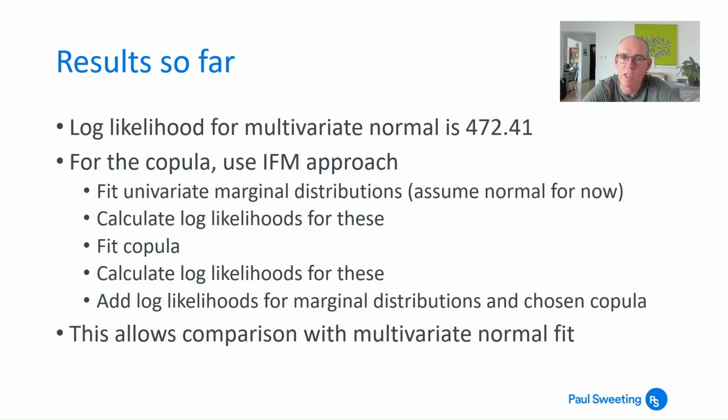So stage 1, fit the univariate marginal distributions, and I'm going to assume they're normal, and calculate the log likelihoods for these, and just keep that number. Then fit the copula, and calculate the log likelihoods for the various copulas I'm using, add everything together, and this gives me a number which I can then compare with a multivariate normal fit.